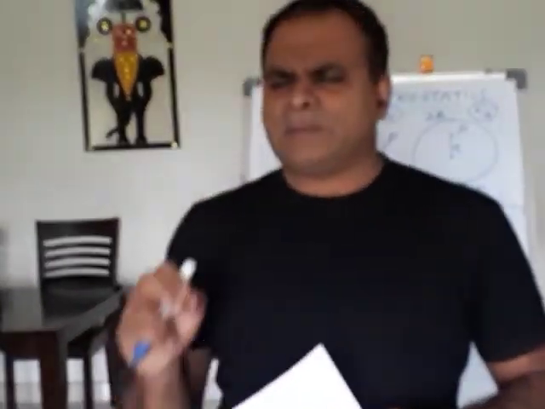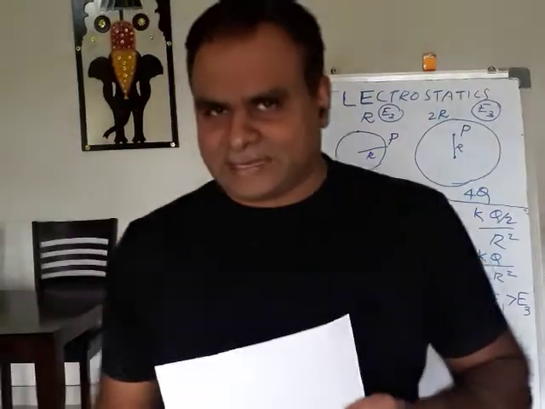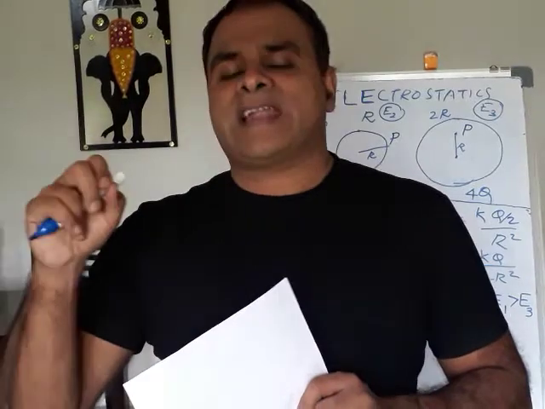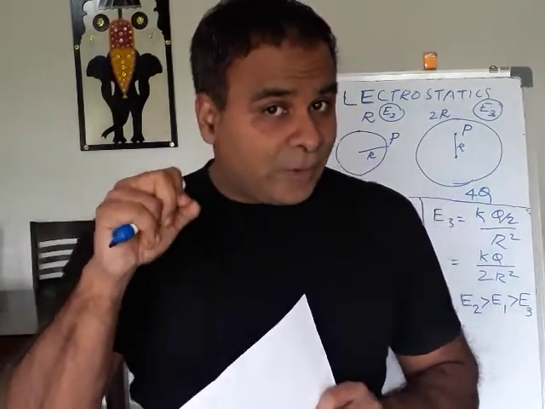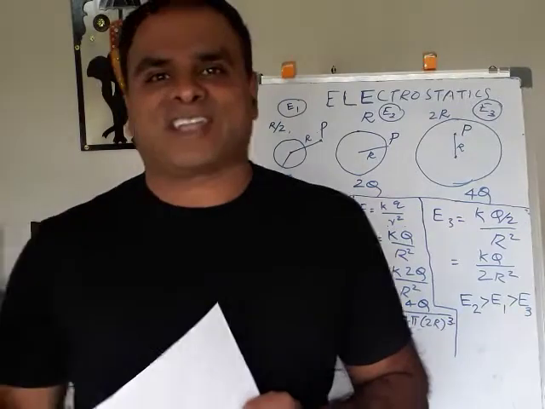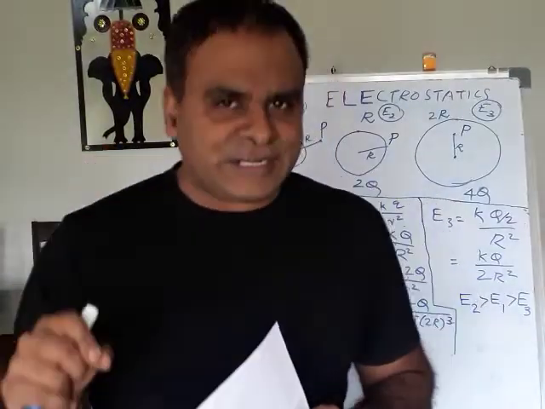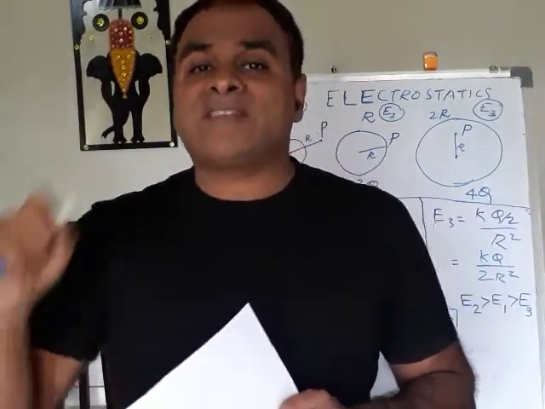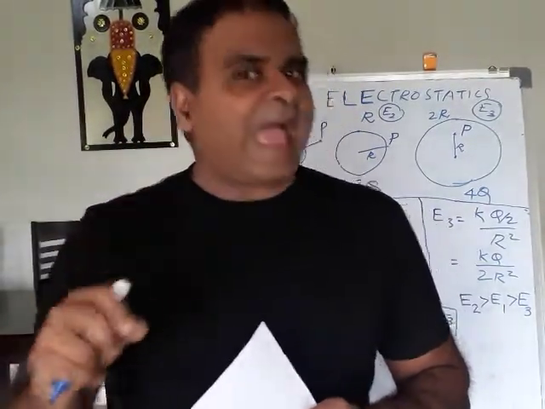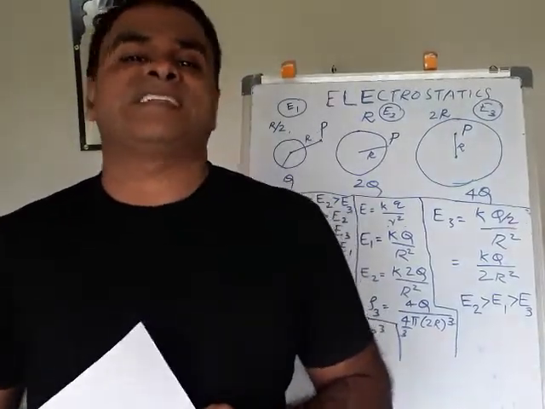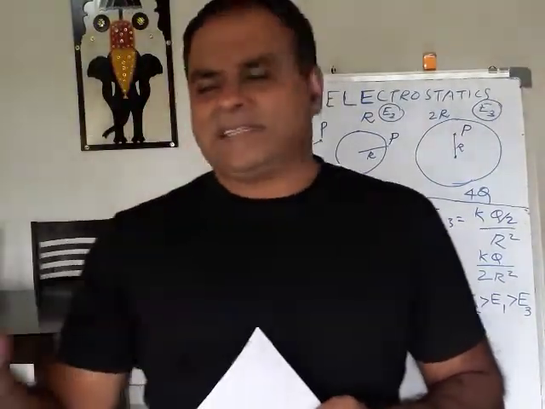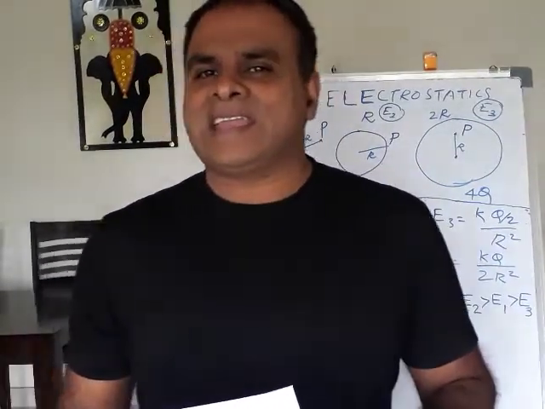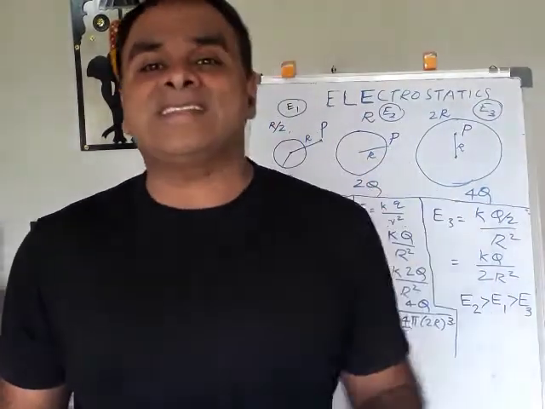The most important point in electrostatics: when charge is given to a conductor, not a dielectric, charge resides over the surface, but it behaves as if it is concentrated at the center. In the last videos we talked about electrostatic shielding, all these aspects. Those are all things for conductors.